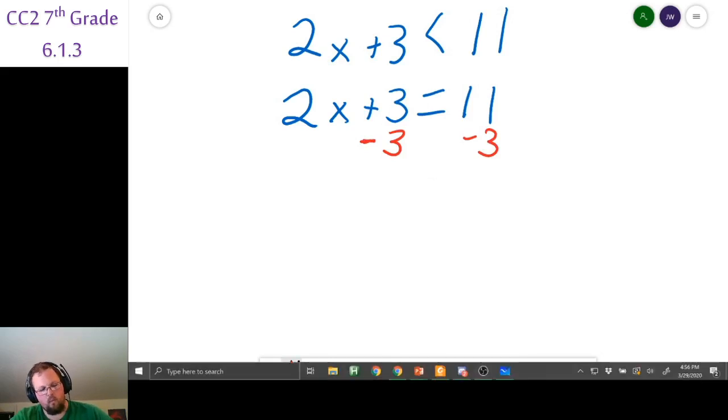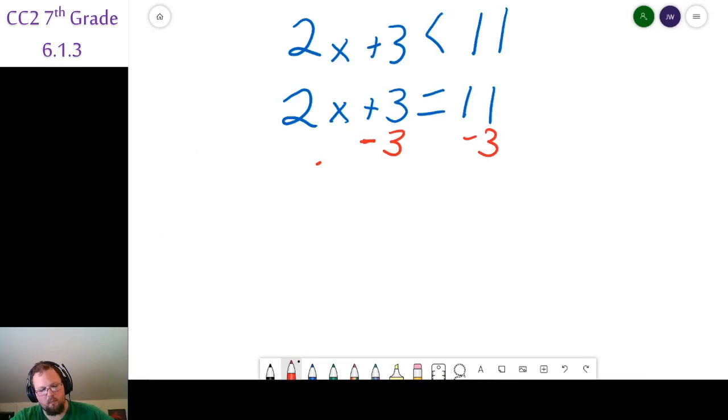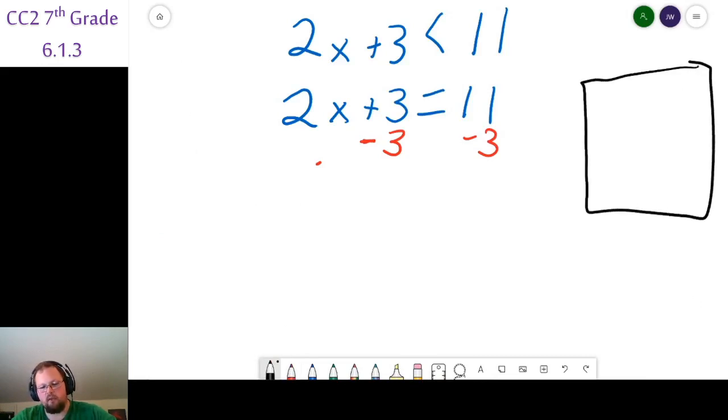And your book is actually going to tell you to do this with an expression mat. And I'm going to say no. Your book's going to say, well, here's your expression mat and here's your less than. And then there's like 11 of these little one tiles, which I'm not going to have you do. But I'll show you why.